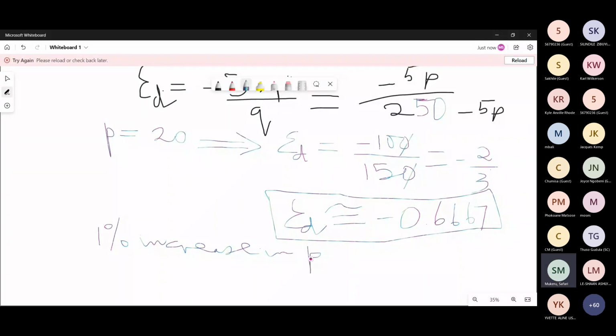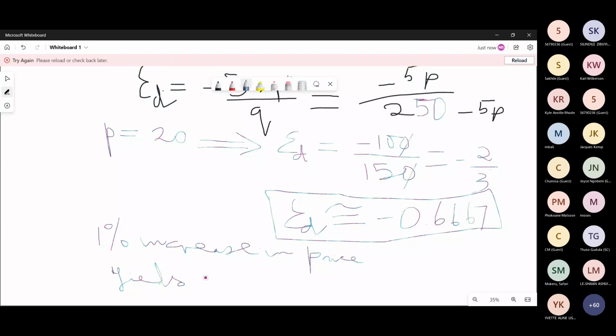1% increase in the price P yields or implies how many percentage change in the quantity? 0.7%. Is it an increase or a decrease? Decrease. Yes, a decrease, because here we have negative.